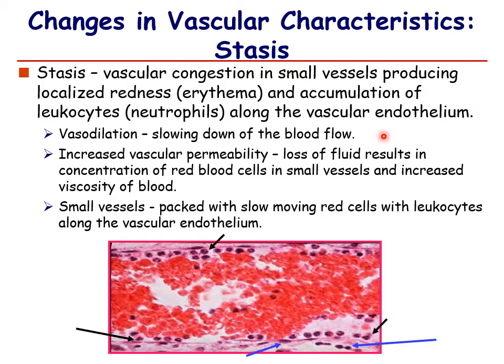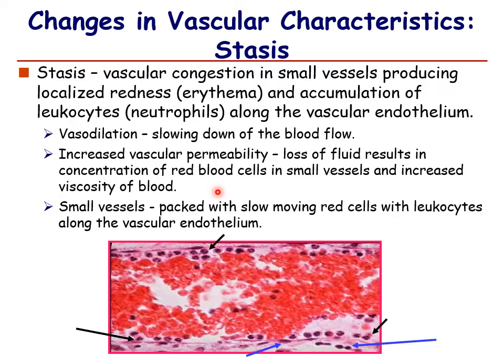When vasodilation occurs, there is a slowing down of the blood flow due to the increase in blood vessel diameter. With increased vascular permeability, there is loss of fluid. So the slowing down of the blood flow and the loss of fluid lead to increased concentration of red blood cells in small vessels, and therefore an increase in the viscosity of the blood.